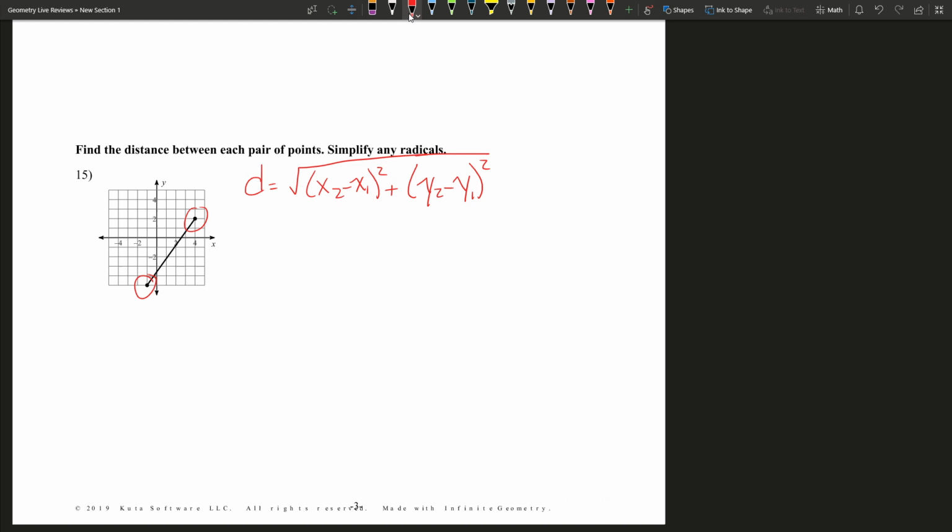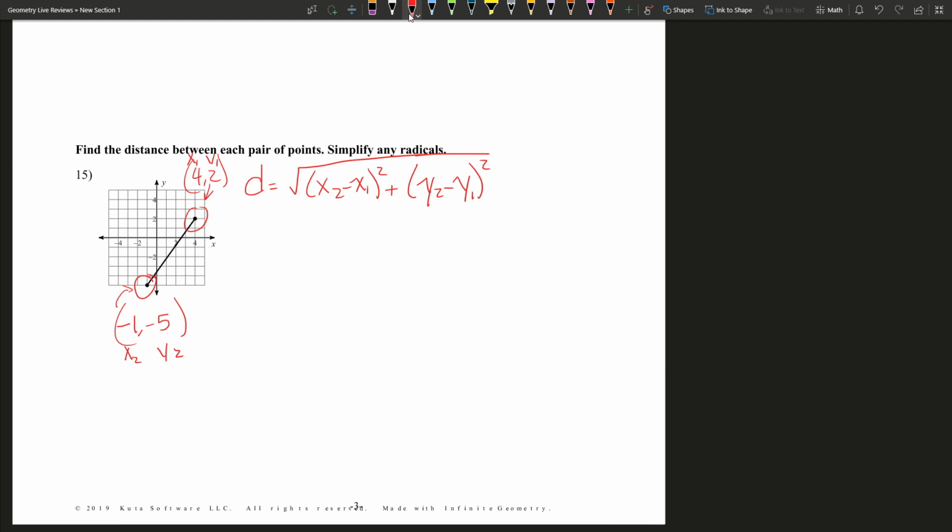So this is -1, -5. And this point is 4, 2. All right, so 4, 2 can be our x1, y1. -1, -5 can be our x2, y2.